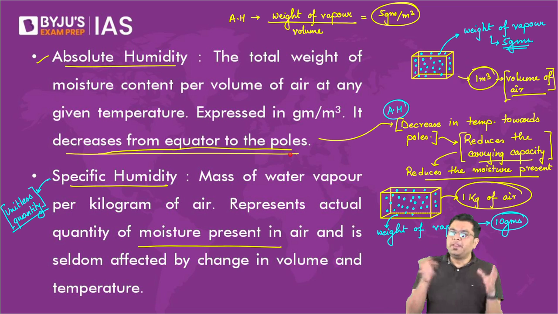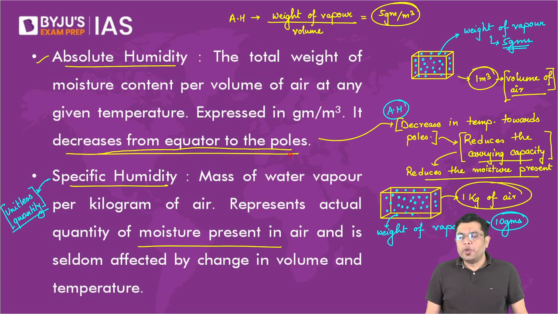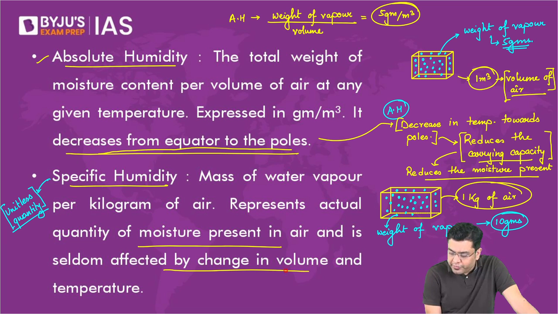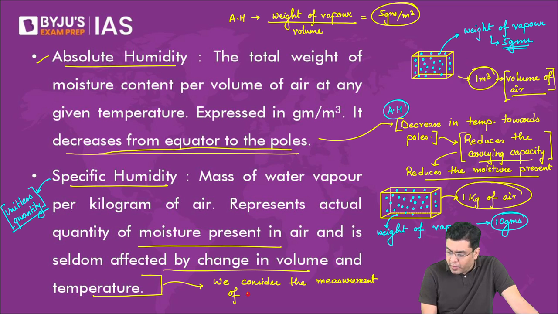So that is where the amount of vapor present is going to be consistent. So here it is seldom affected by change in temperature and volume because we consider the measurement of mass of air.